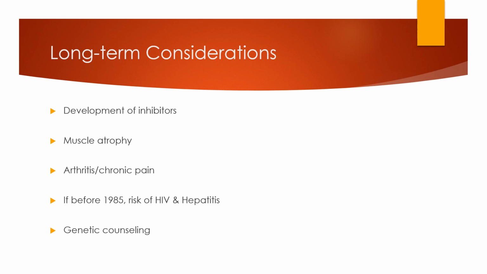Long-term considerations. When we're looking at long-term considerations for hemophiliac patients, development of inhibitors. So an individual can actually be given factor so much that the body will begin to develop inhibitors against the factor.